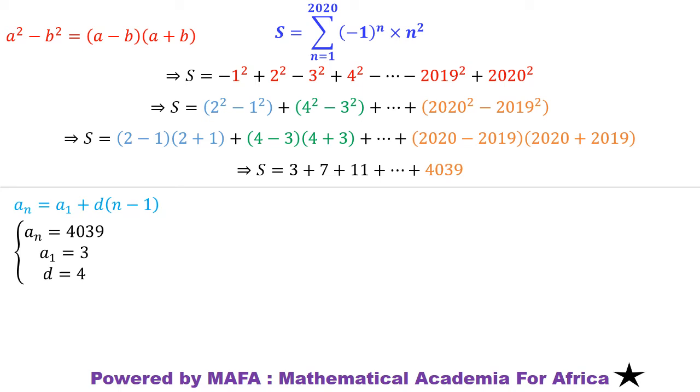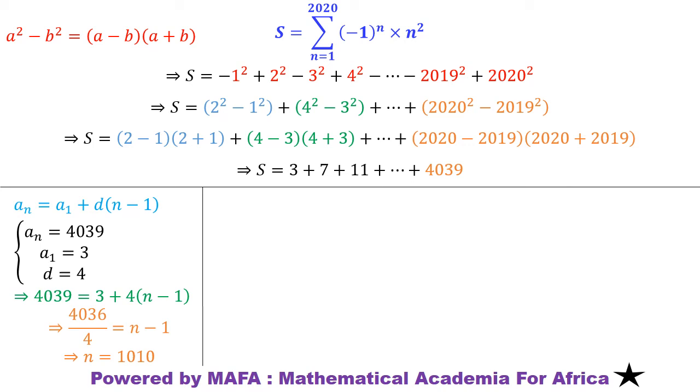That is 4. That's why we call it a common difference. Alright, so fitting everything back into the formula of the arithmetic sequence, we obtain this. Now we want to find n, the number of terms, so n gives us 1010, meaning we were actually correct.